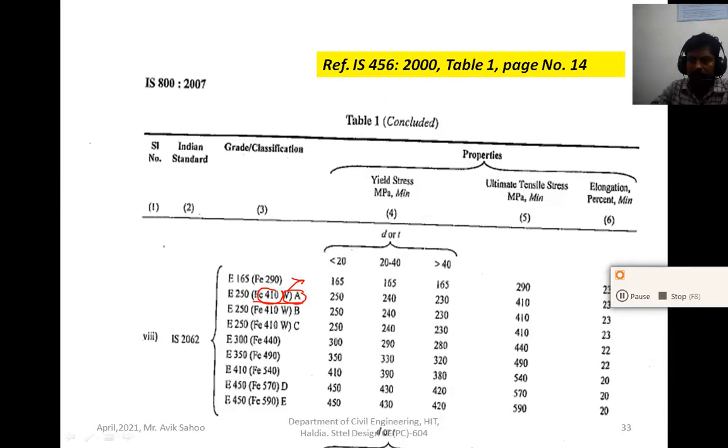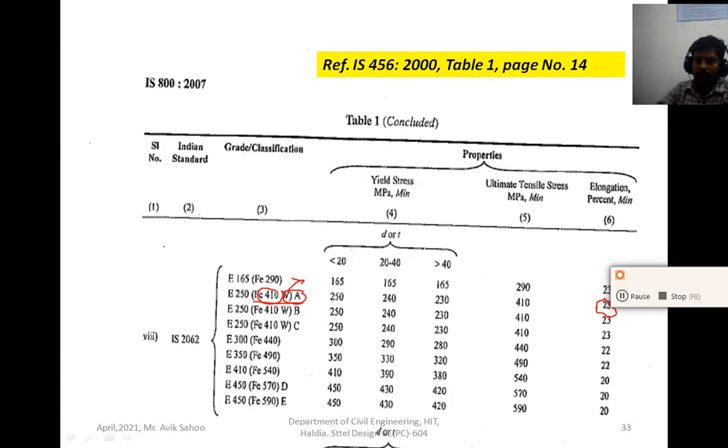And the percentage of elongation is also required when we design steel members, because depending on the percentage of elongation, we measure the ductility of the structures. So this elongation is required particularly when we design steel members for impact load, or for earthquake load, or for wind.